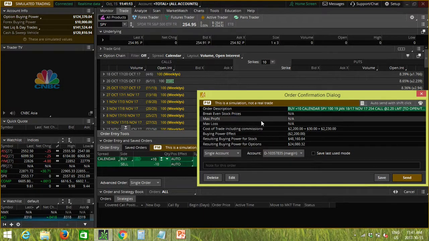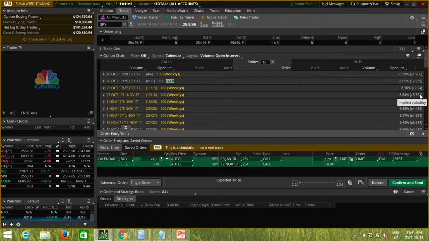And here's what I'm talking about: you see the max profit, max loss, not available. Break even, not available. Again, because we have no idea where this thing is going to be, or what the option pricing is going to be come December or the end of November. All those factors are unknown, so it's difficult to calculate.